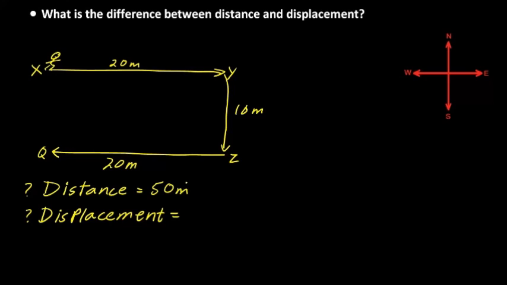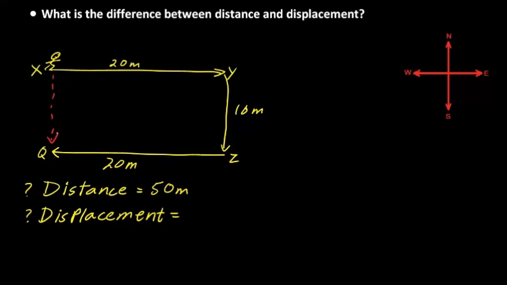Now, what is this person's displacement? Remembering, of course, that displacement is how far and in what direction you are displaced from your starting point. And that is represented by this line right here. This would be your displacement.